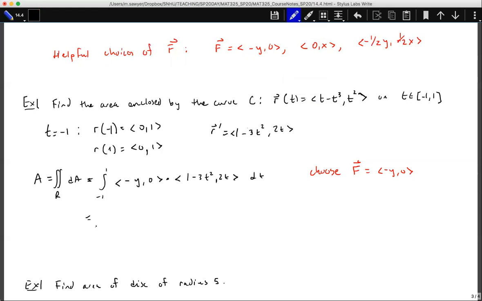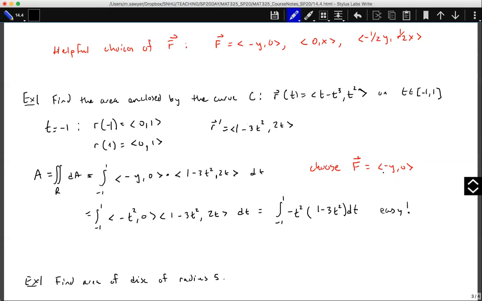And so substituting this in, I get the integral from -1 to 1, substituting in my y component, <-t squared, 0> dotted with <1 minus 3t squared, 2t> dt. So I get the integral from -1 to 1 of -t squared times (1 minus 3t squared) dt. And this is easy to solve.